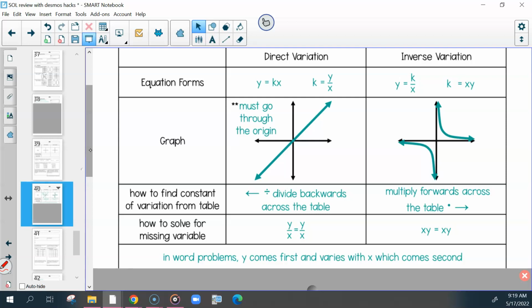For inverse, our equation forms y equals k over x and k equals x times y. The graph makes the curve on both sides. To find the constant of variation, we multiply. It says multiply forwards, but really you're just multiplying x and y for each thing.